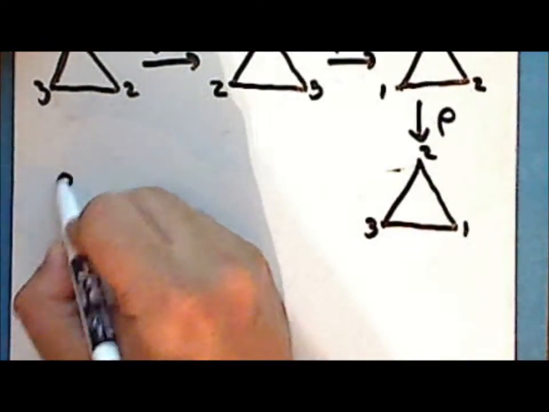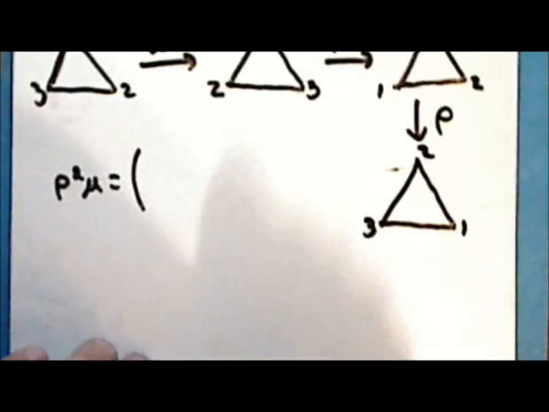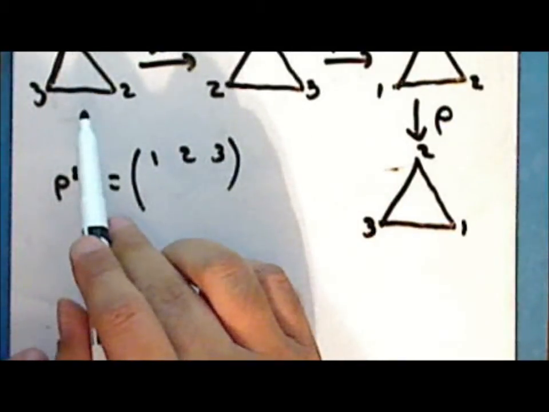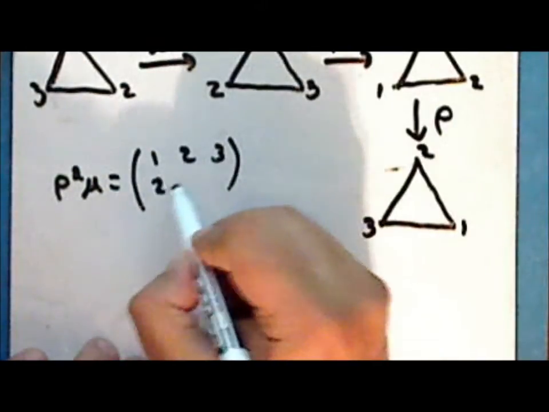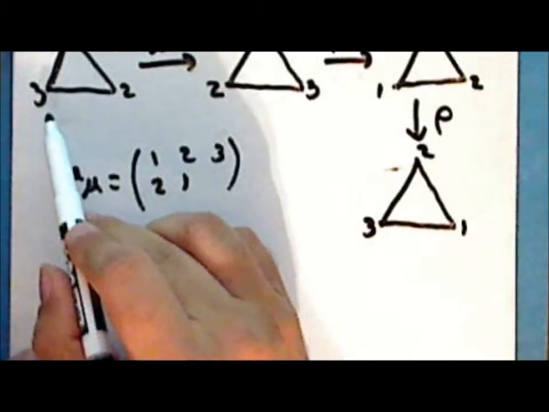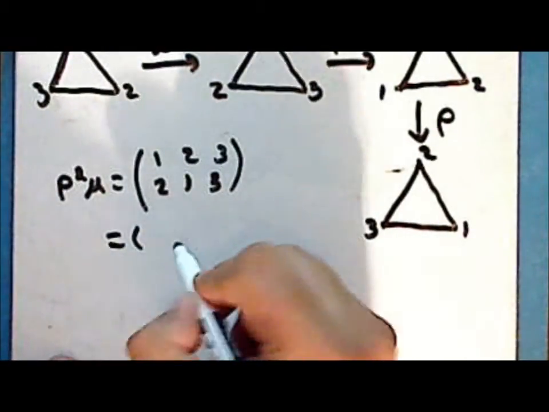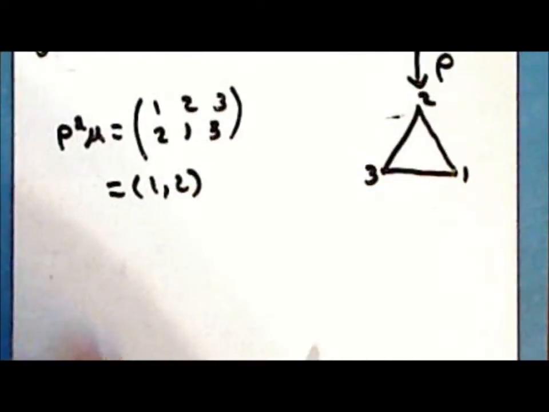then this is the map rho squared times mu, which, regarding it as a permutation of the vertices, we have that 1 exchanges places with the vertex 2, while vertex 3 is fixed. And so in cyclic notation, this is the cycle 1 to 2 and back to 1.